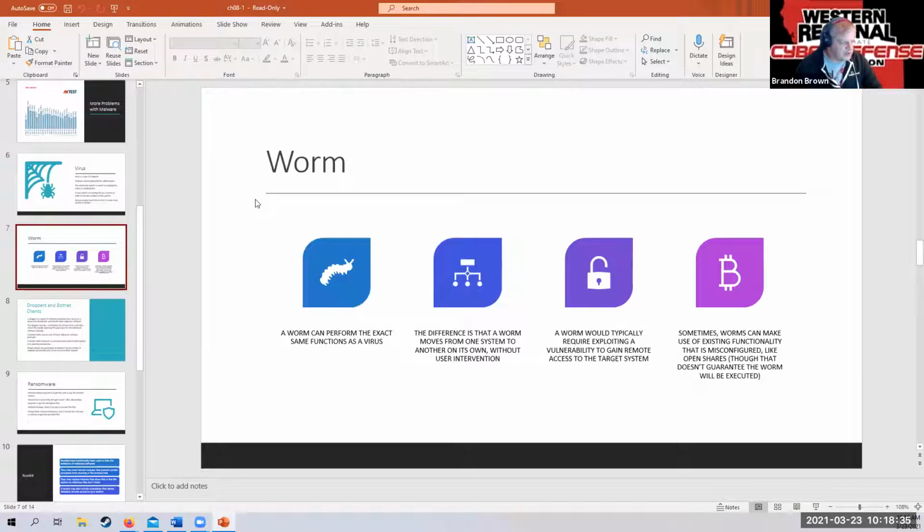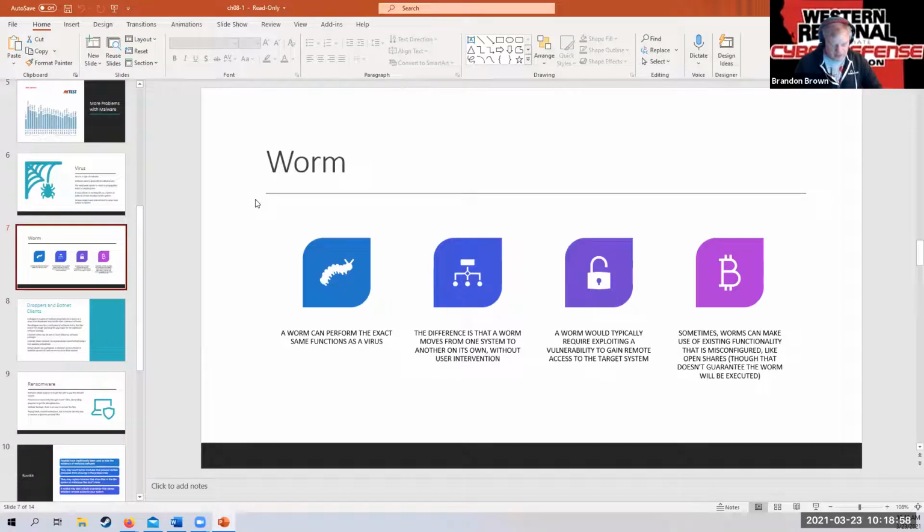Worms, on the other hand, are similar to viruses, but they are more concerned about how fast they can spread. They do the exact same functions as a virus. The difference is that the worm moves from one system to another on its own without any type of user intervention.